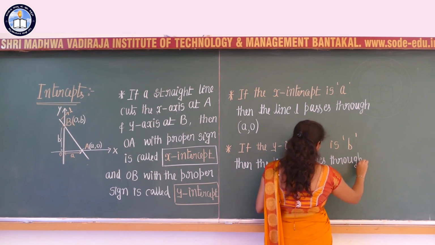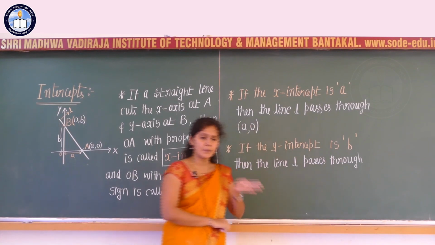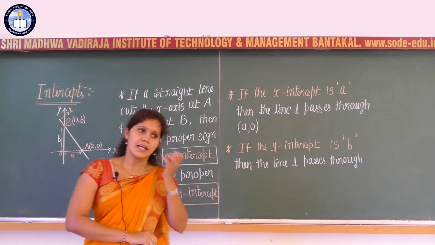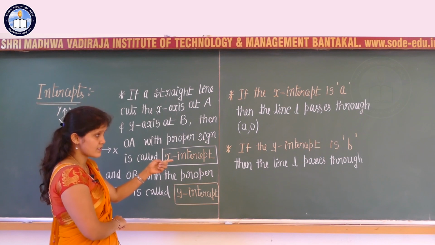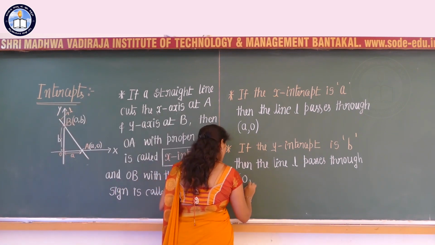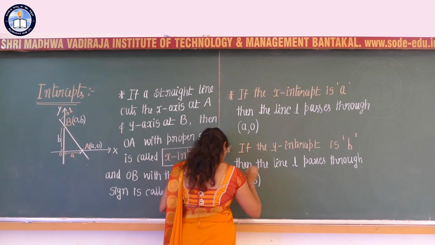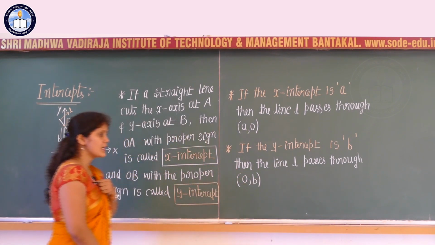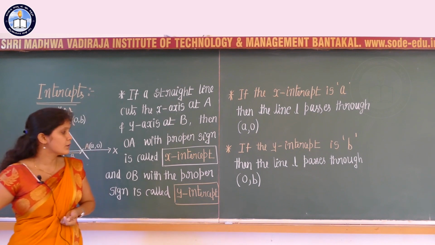The y-intercept is B means the line passes through the y-axis. If the line passes through the y-axis, then the coordinates of the point are nothing but 0, b. Then the line passes through the point 0, b.